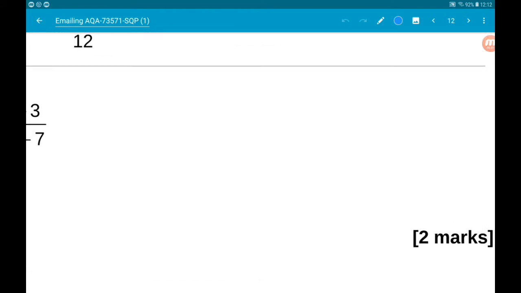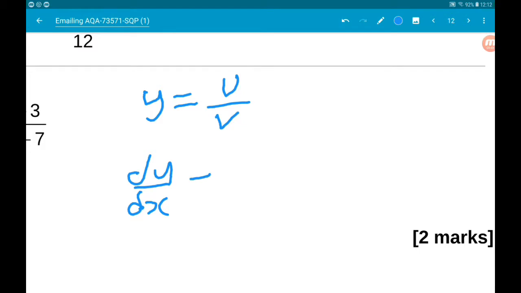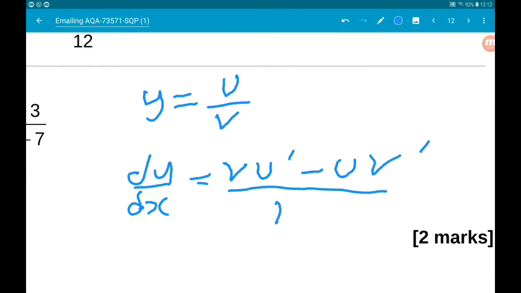If y is equal to u over v, dy by dx is equal to v u dash minus u v dash all over v squared.